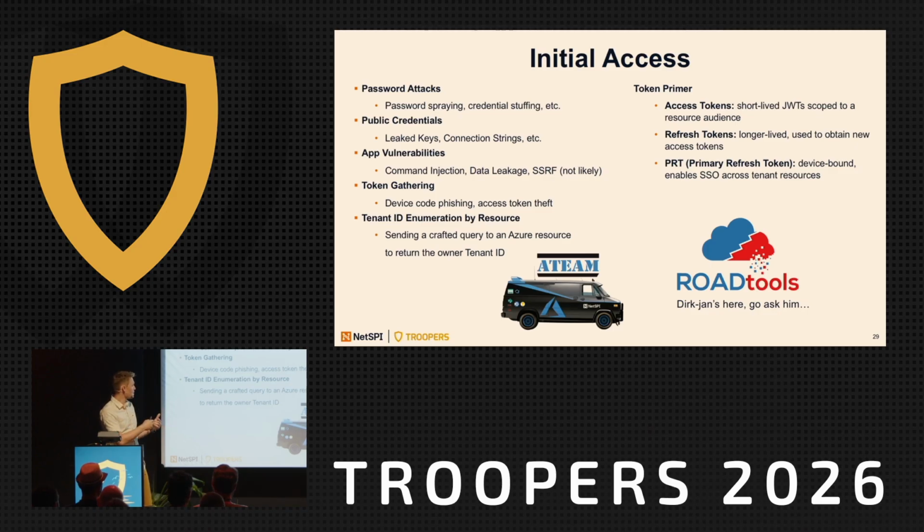We found different ways that we could coax the resources into giving their tenant IDs back, basically with HTTP OAuth requests, and then tying those tenant IDs back to the proper name of the tenant, and mapping out all of those resources. So we can enumerate those and then use some of these other attacks to get into those resources and know that they're specifically on the target that we want to go after. We're not just randomly attacking stuff out in the cloud.